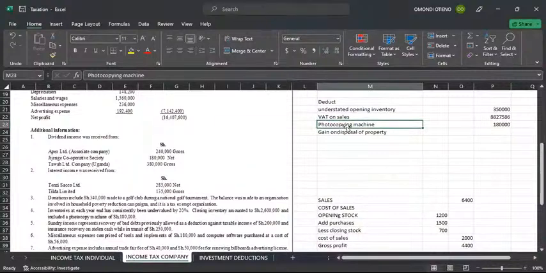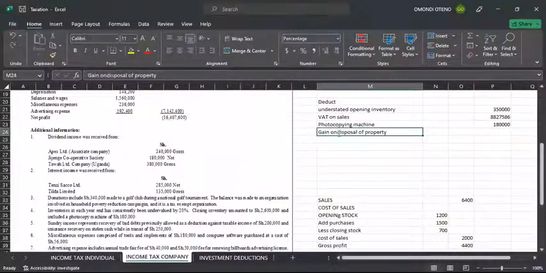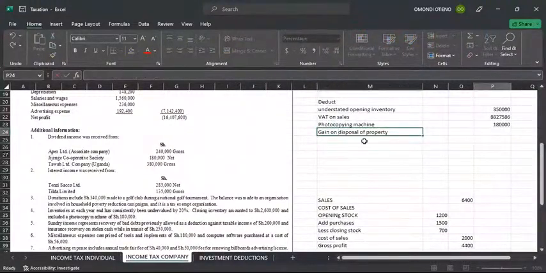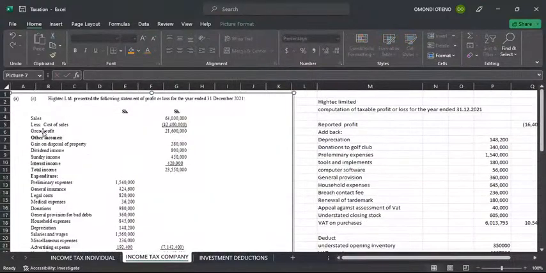Then we subject the value of this photocopying machine to get investment allowances, which we are going to take care of in this particular place. Any other thing that is remaining? So gain on disposal of property, we have a value of this one here, 280,000.